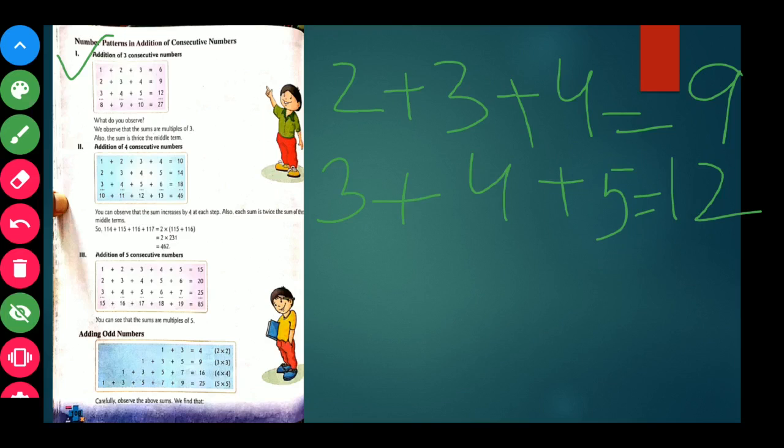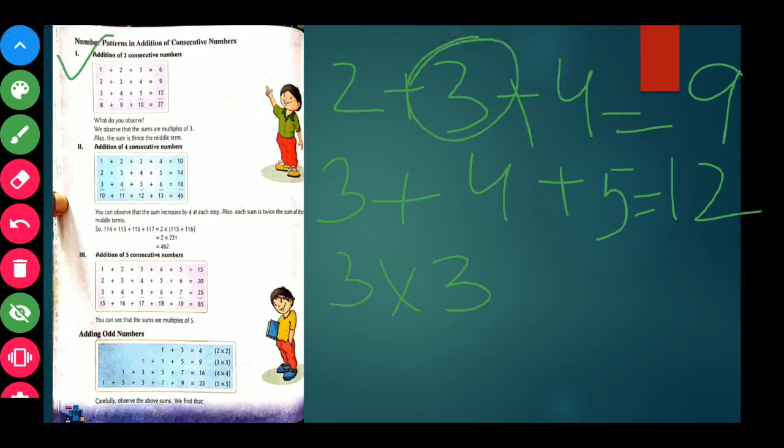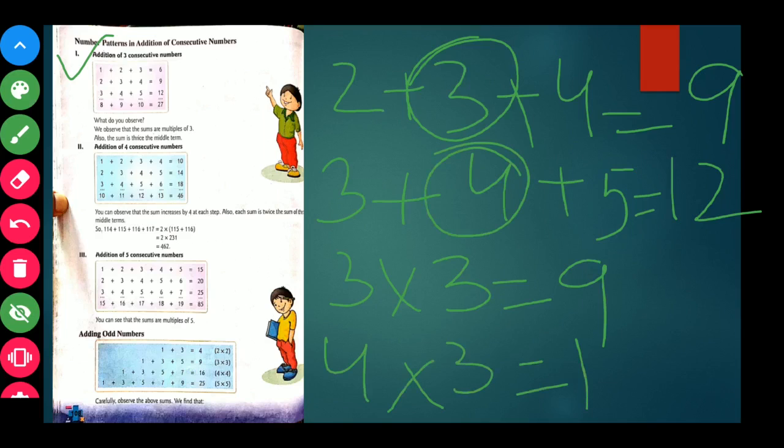Means the middle term is here 3, so when you multiply it by 3, you will get the answer 9. Here the middle term is 4, so when you multiply with 3, you will get 12 as the answer. And similarly, you can easily find the addition of any 3 consecutive numbers.